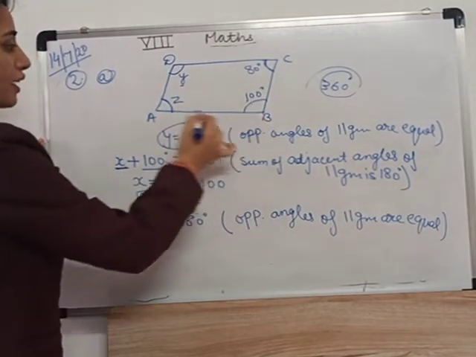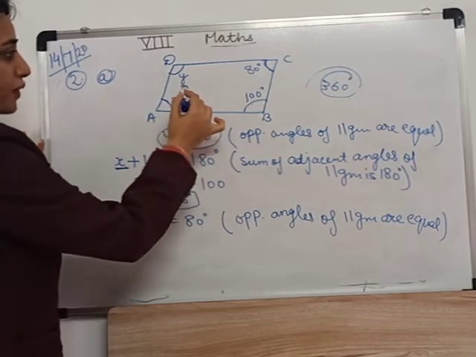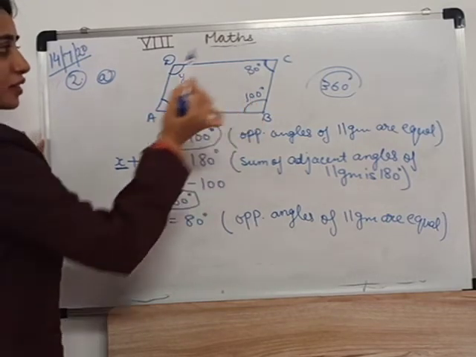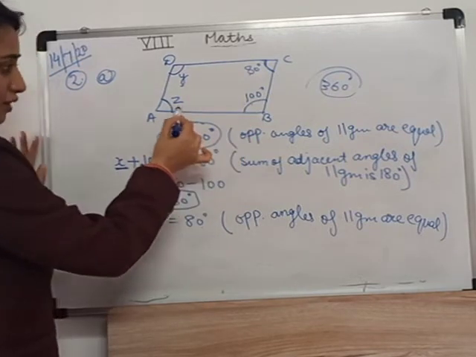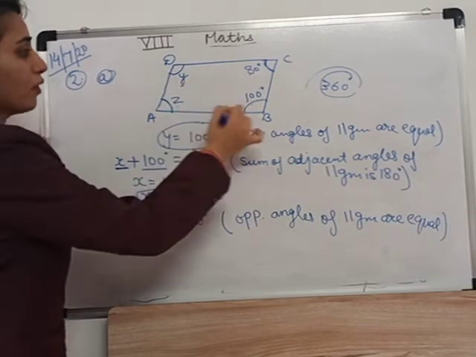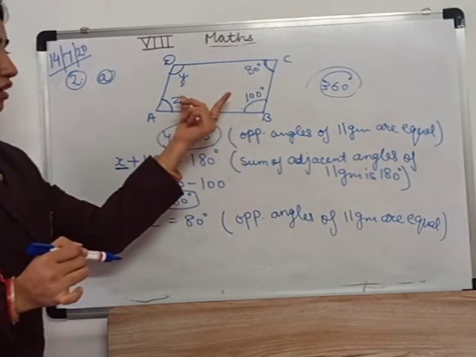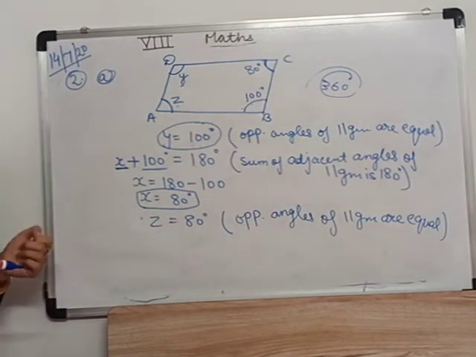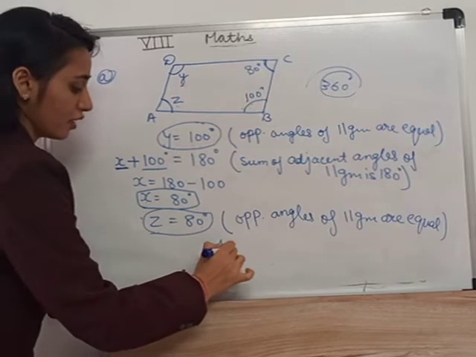We can check by adding these angles. y is 100 plus 80, that is 180. 100 plus 80, 180. 180 plus 180, 360. It means the sum of all the interior angles of a quadrilateral is 360. Understood? This is our answer.